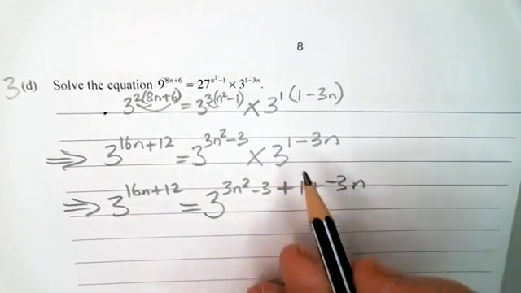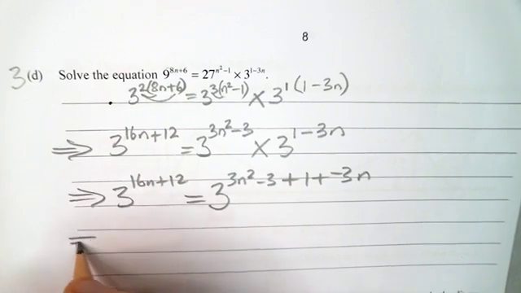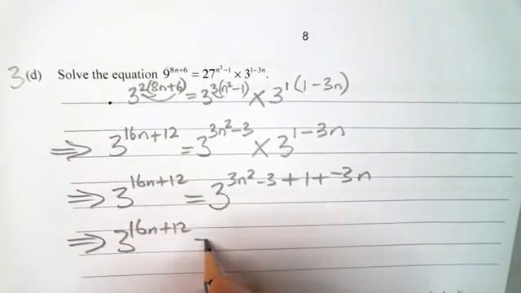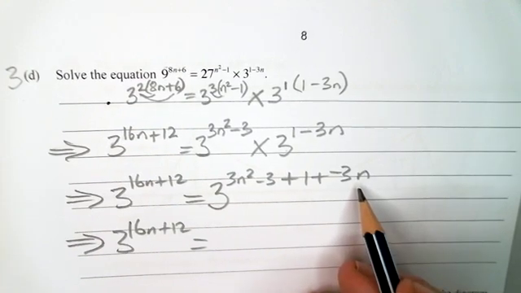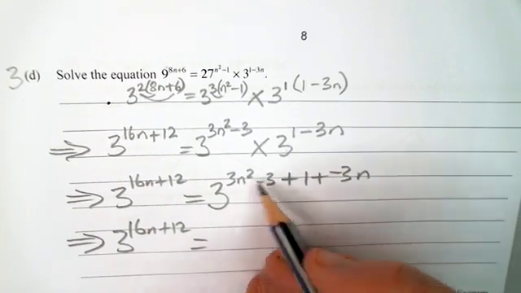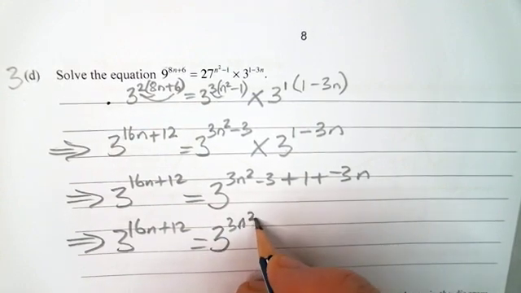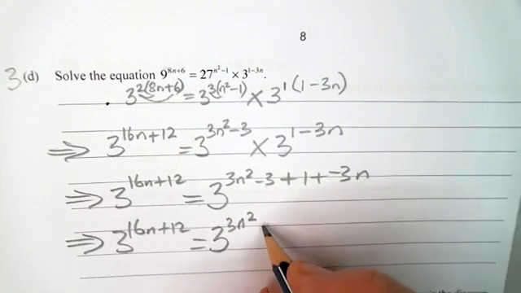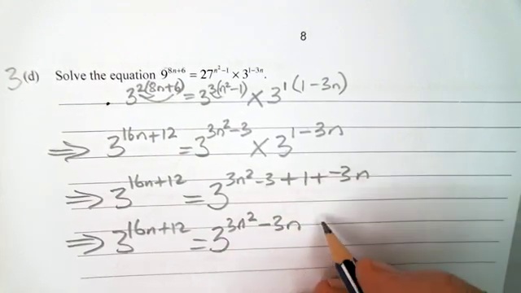So it's the same as this thing here, yeah? That implies I've got 3 to the 16n plus 12 is equal to 3 to the 3n squared, minus 3n, and a negative 3 and a 1 is going to be minus 2.